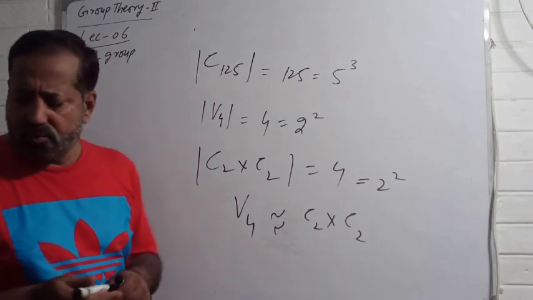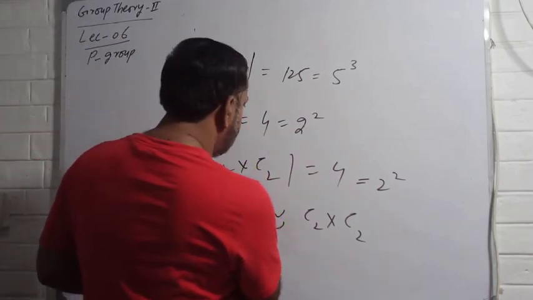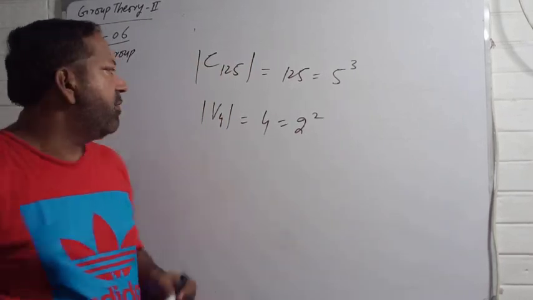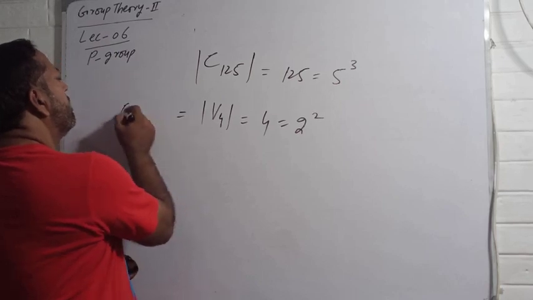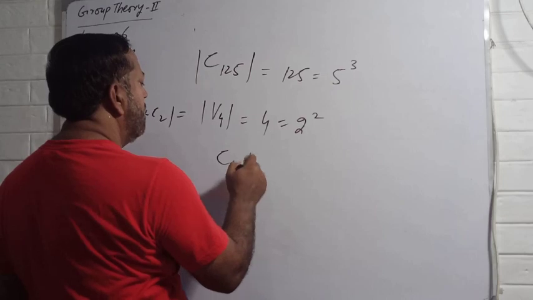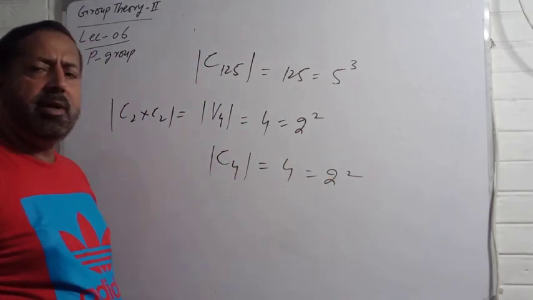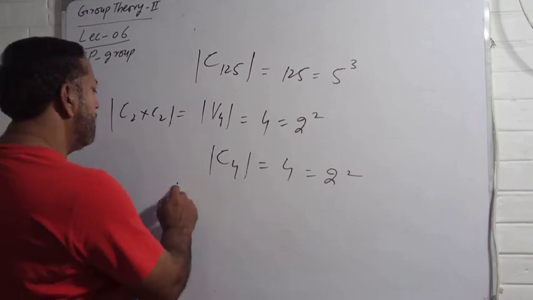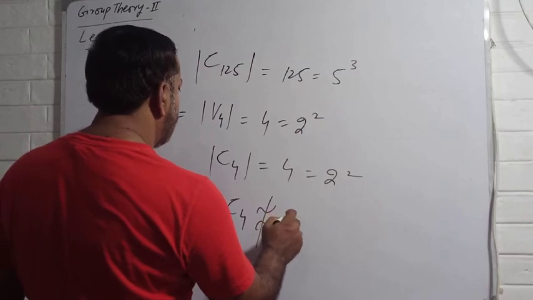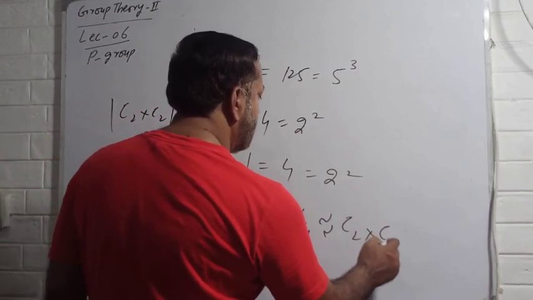Okay, we should not discuss this, it's simple. I should discuss C4. The order of C4 is also 4, that is 2 squared. But C4 is not isomorphic to V4, which is isomorphic to C2 cross C2.